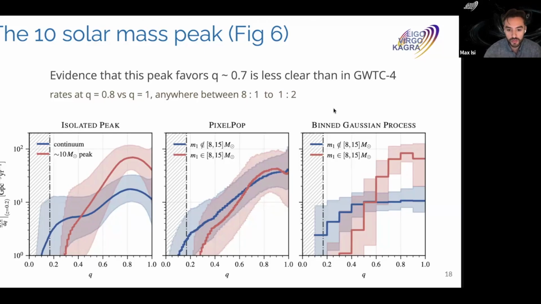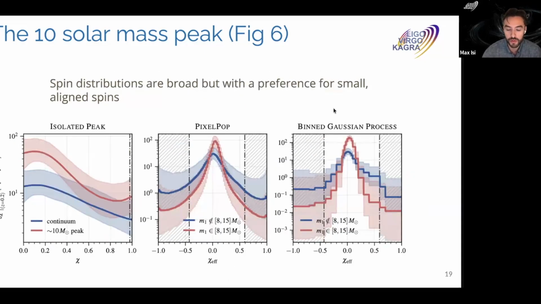In terms of other properties, in the next slide, we can also look at the spin distributions of binaries in this peak. And we find that the spin magnitudes of the systems in this peak can have a broad distribution.